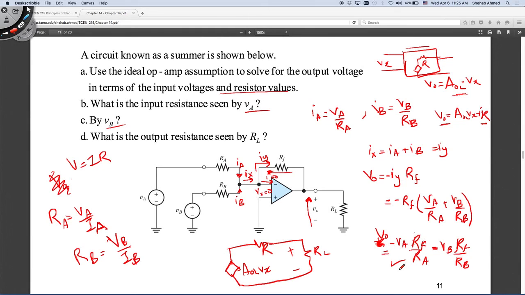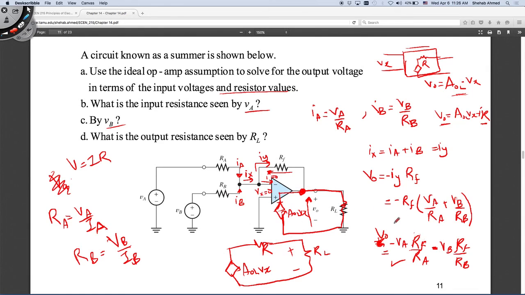Is there anything in the path of that current? Remember, there's an open loop gain here, and the circuit looks like this. This source is AOL times Vx, and I have a node here, right?